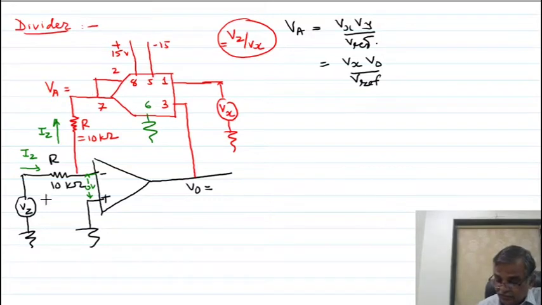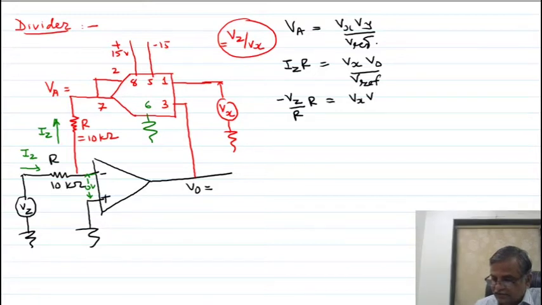What is VA? VA is nothing but the current I into R, which is minus Vz upon R, into R, equal to Vx Vo upon V reference.